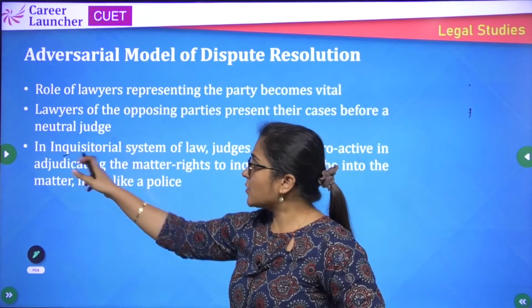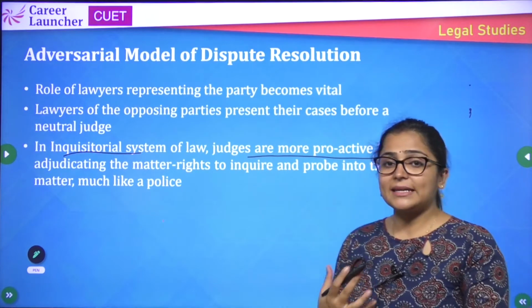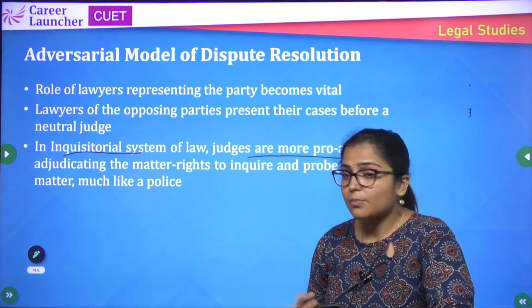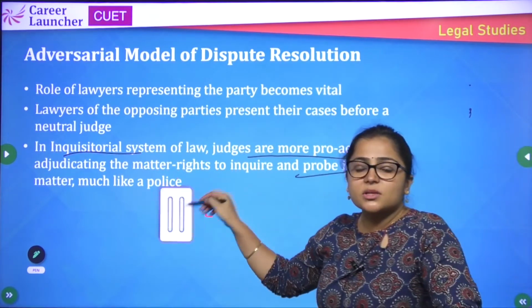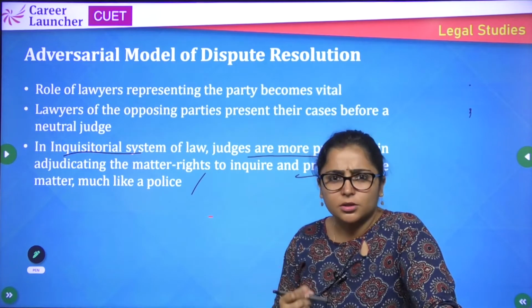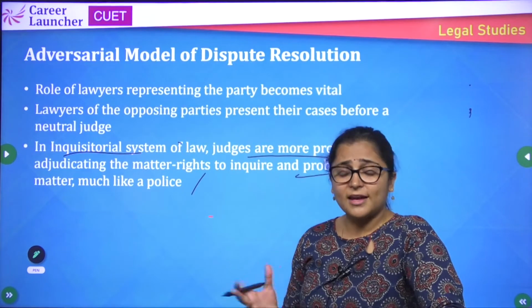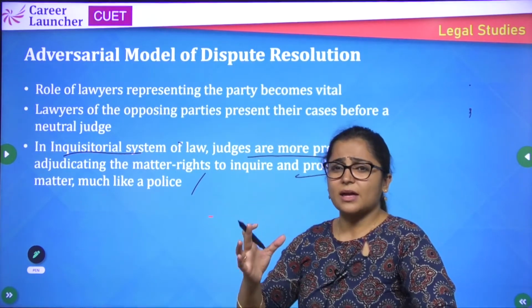But in the inquisitorial system of law, judges are more proactive. That means they take part in the process of selection of evidence. They take part in the process of proof also, like how a police officer inquires about a murder. Similarly, the judge can also go and check, okay, this murder has happened, this is the weapon, where is it, meaning they can go into the process of selecting evidence and all.